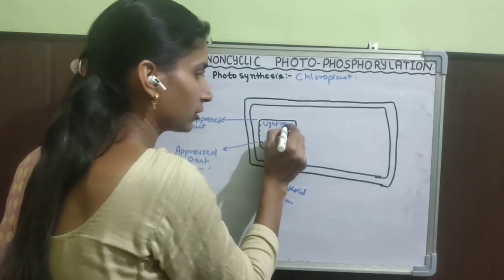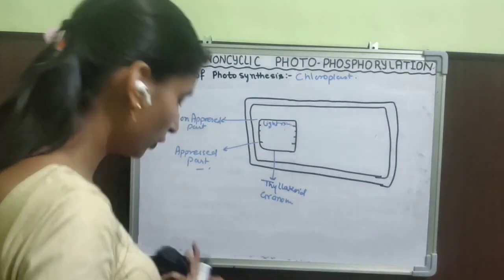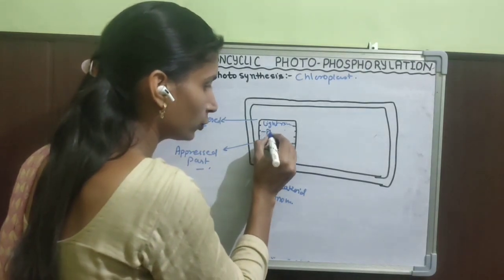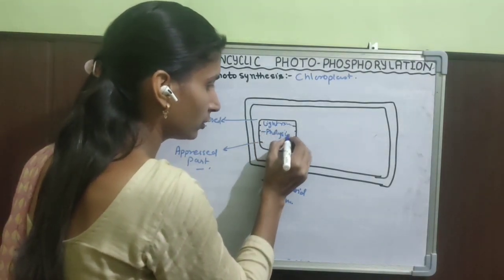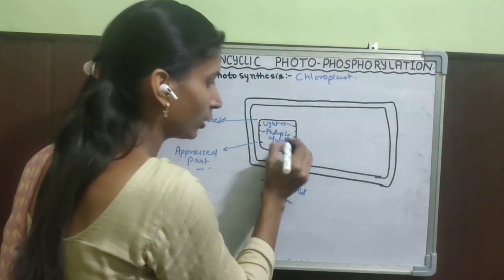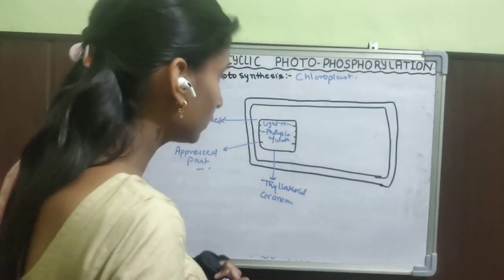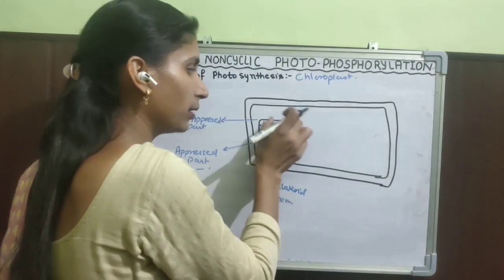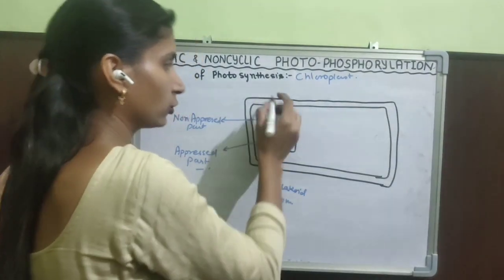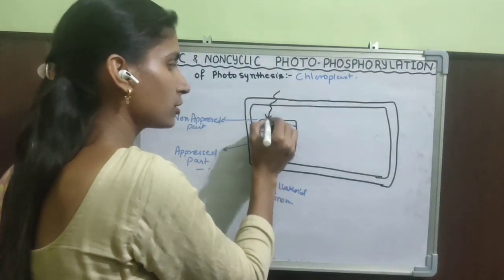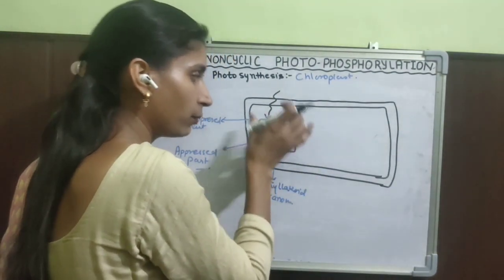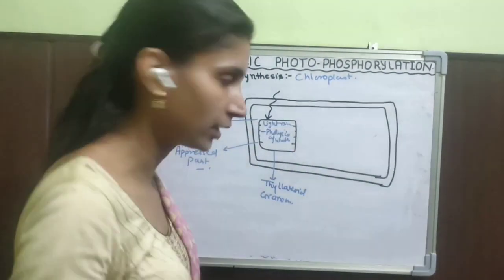So during the light reaction, what happens actually? First is the photolysis of water. But before photolysis of water, the sunlight is absorbed by the membrane of this particular structure, called thylakoid. So this is the photon of energy, the radiant energy, which is trapped by the thylakoid.